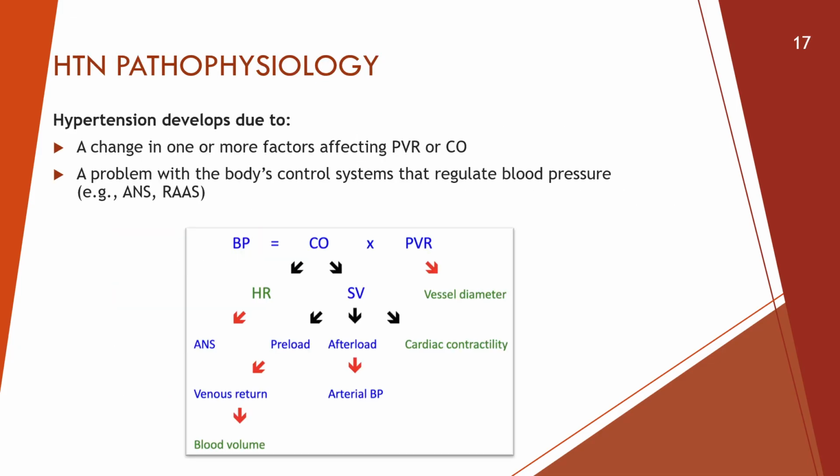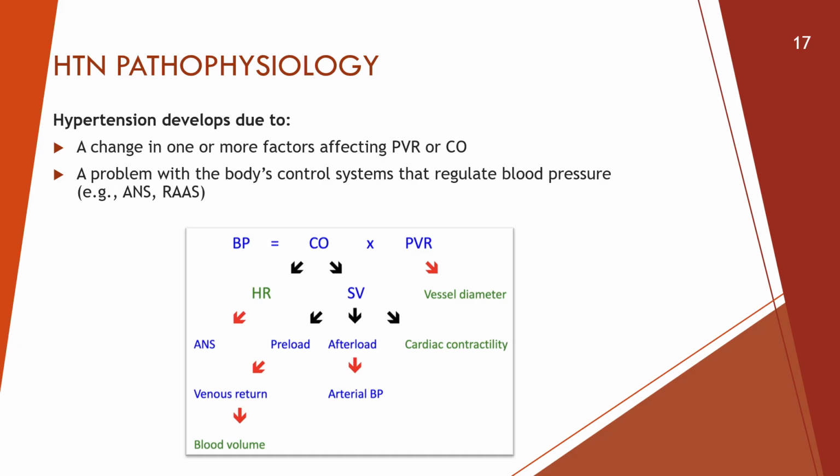For hypertension to develop, there must be a change in the factors affecting peripheral vascular resistance or cardiac output. Sometimes we can see both. And it makes sense based on the formula. So I like how this chart breaks down all the things that influence blood pressure. When we're assessing our patients with hypertension, we're going to look at all of these. Like, is there a problem with the autonomic nervous system?